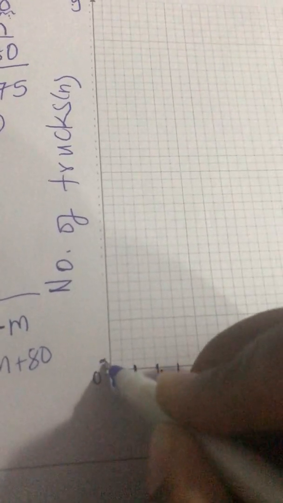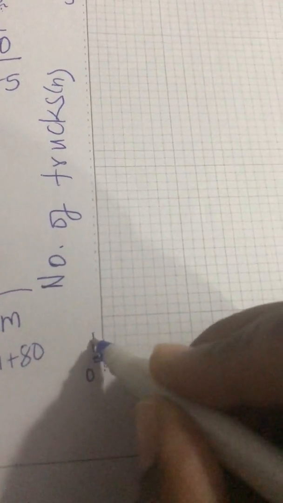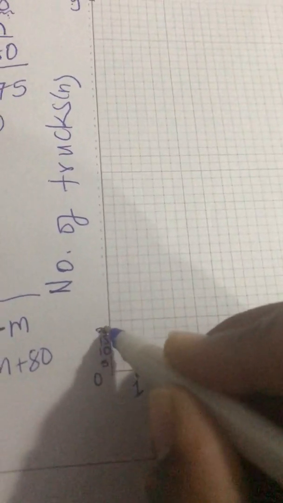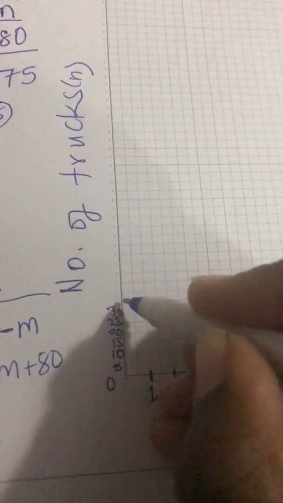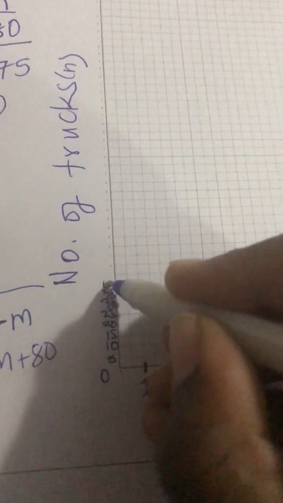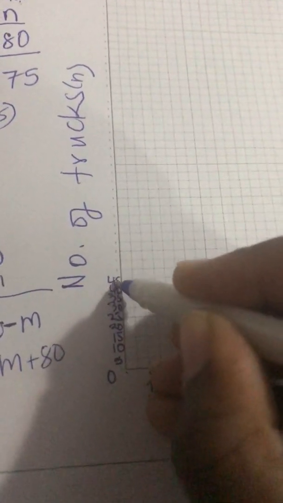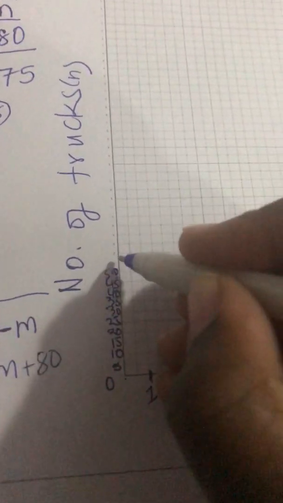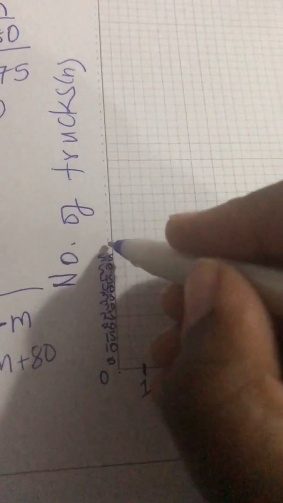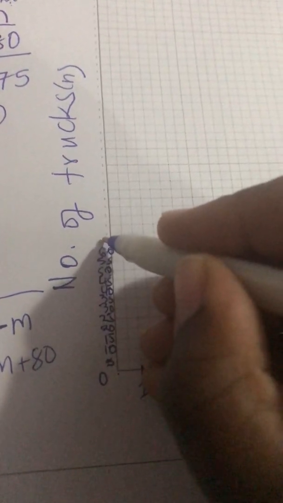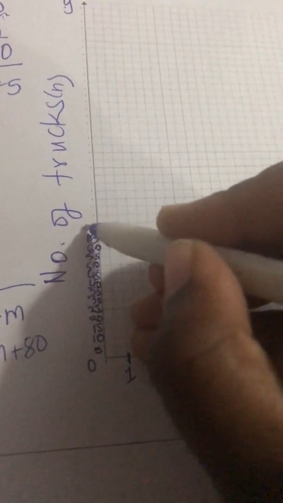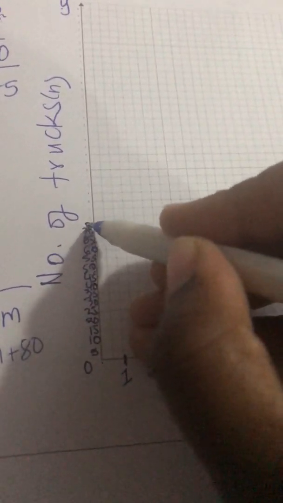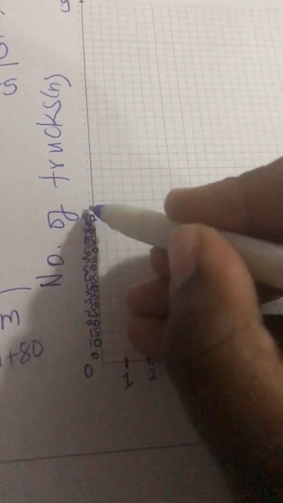So 5, 10, 15, 20, 25, 30, 35, 40, 45, 50, 55, 60, maybe I should skip 2, but it doesn't matter. 65, 70, 75, 80, 85.